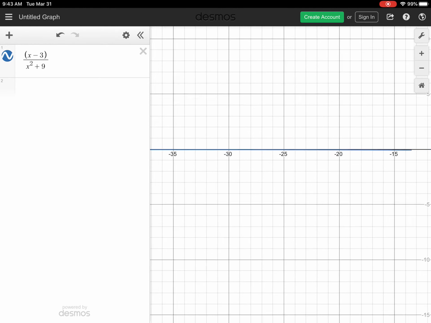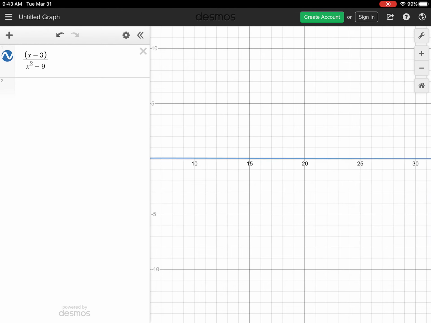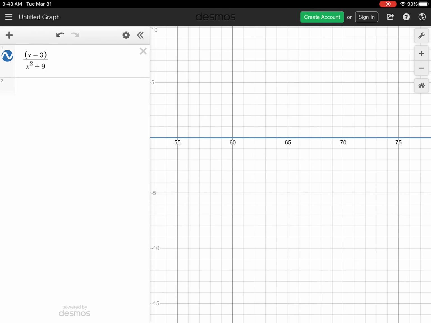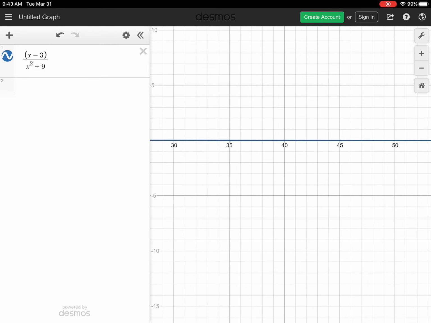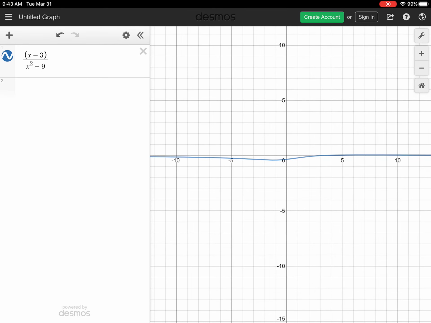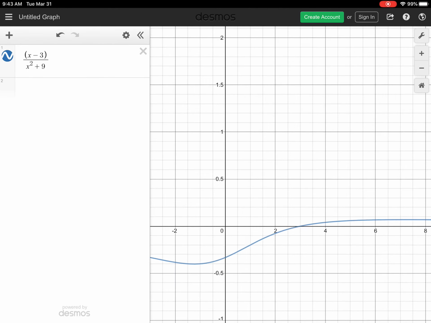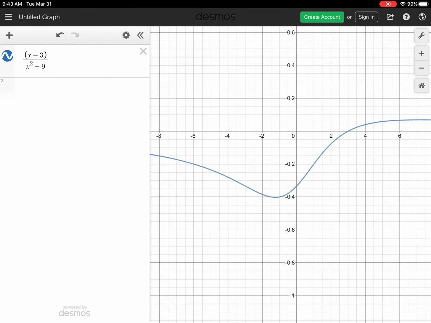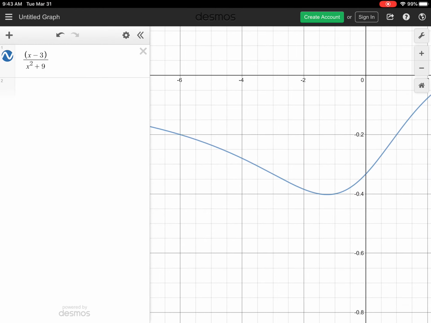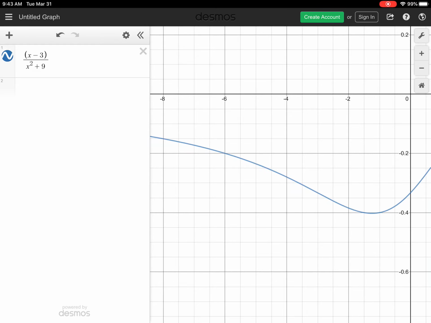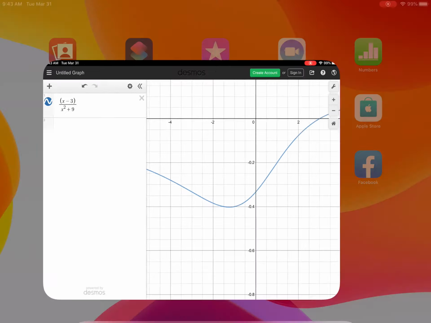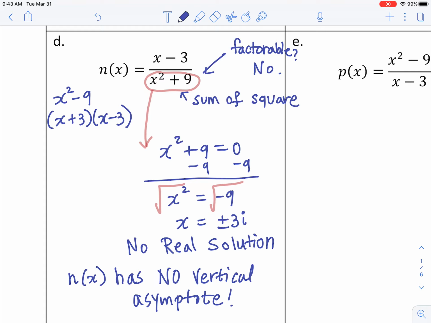But I really don't see anything. See, this function does not have a vertical asymptote. So graphically you can just graph it and see. But I do want to come back and graph a couple other functions as they will have holes instead of vertical asymptotes. So for this function, both algebraically and graphically, we did not find any vertical asymptotes.